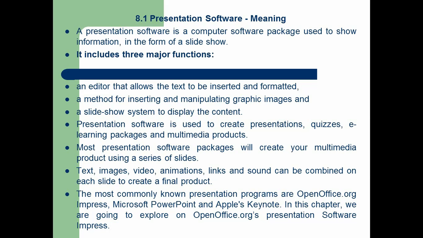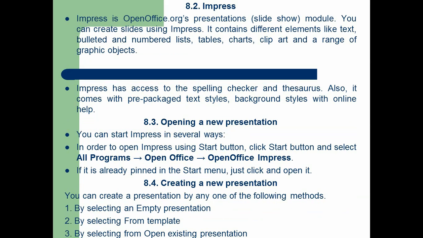All the mediums are used in a single software called presentation software. In this chapter, we are going to learn a new presentation software, namely OpenOffice Impress. This OpenOffice software package can be downloaded from www.openoffice.org. So the next topic is Impress.